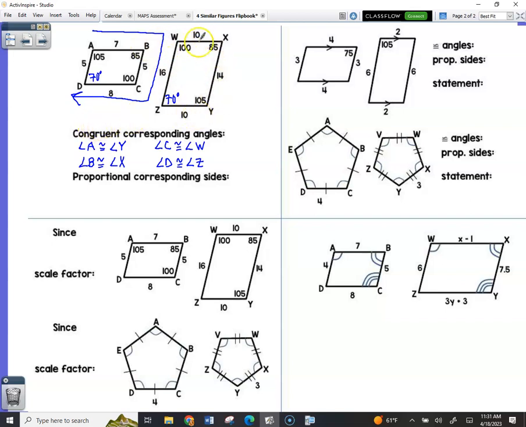So I'm going to come over here and repeat that pattern. I'm going to find the medium number, which would be what, y'all? 14. Then I'm going to go the small number, and then I need to go the large number. Notice I went 105 to 85. So I need to do 105 to 85. So that would put me at labeling it Y, X, W, Z.